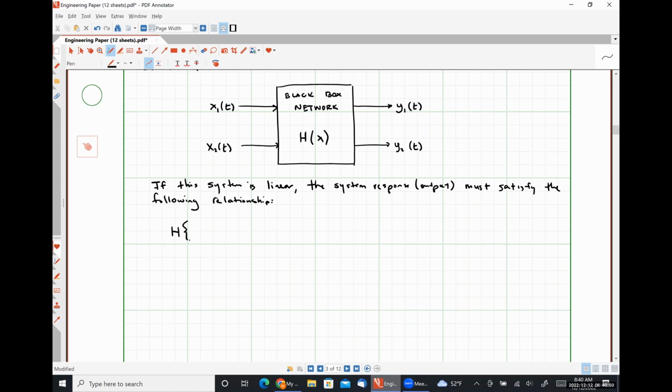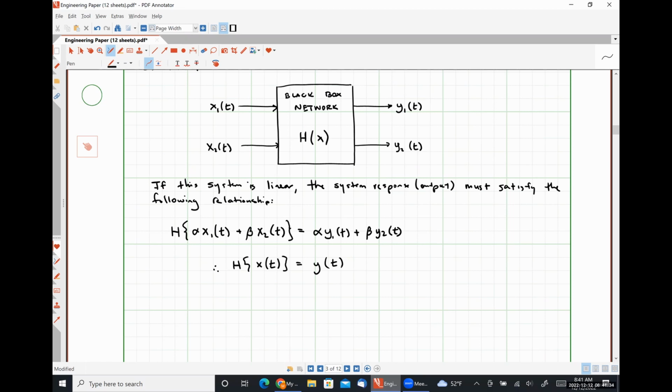H, open curly braces, of alpha x1 plus beta x2 will be equal to alpha y1 plus beta y2, or H acting on x of t will equal to y of t.